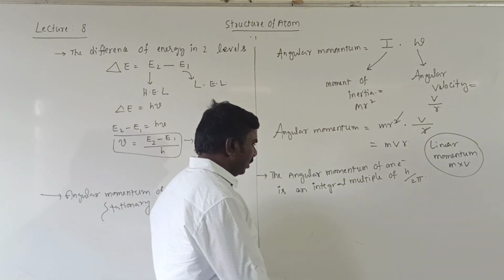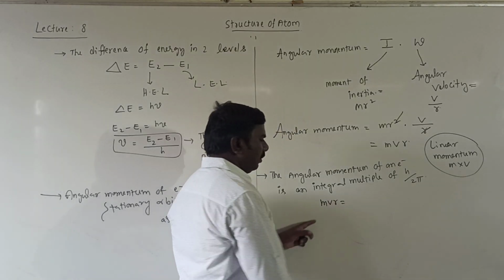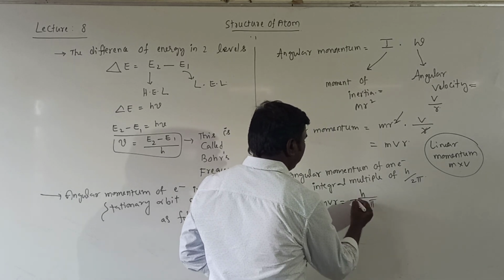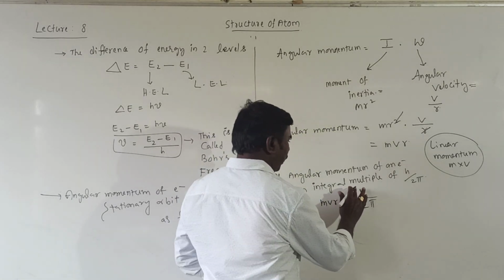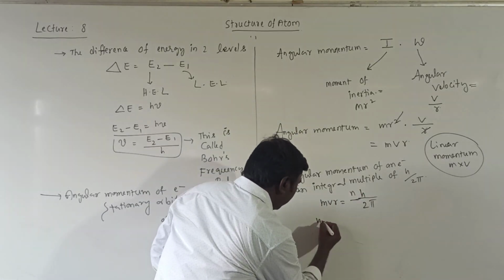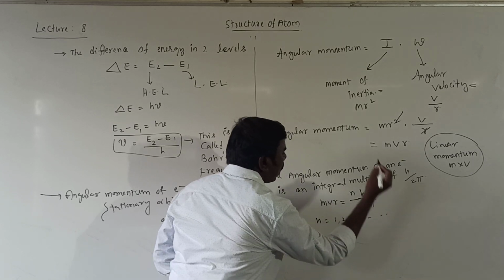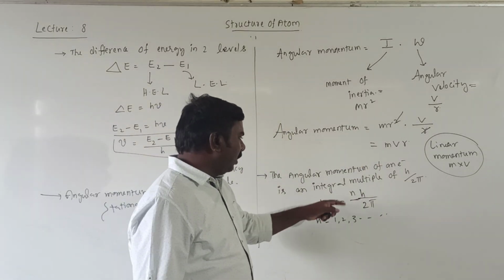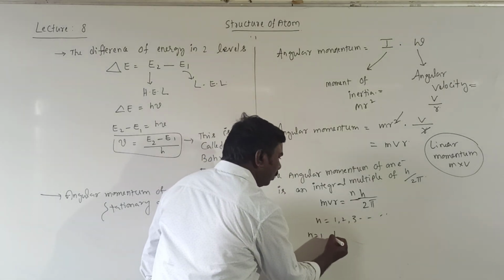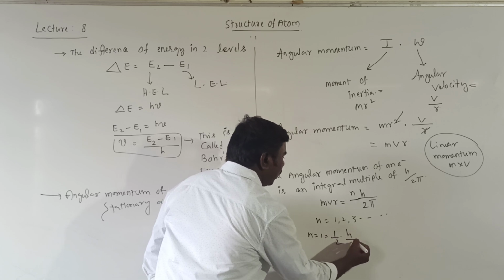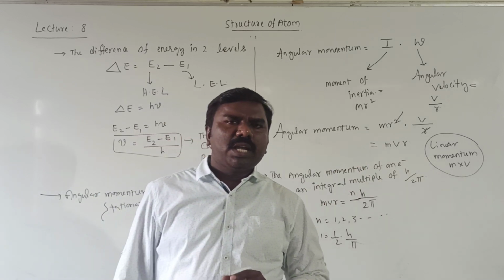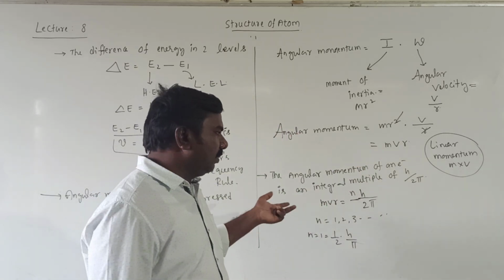Integral multiple means m v r, the angular momentum, is equal to n h by 2 pi, where n equals 1, 2, 3, and so on. If n equals 1, then 1 by 2 into h by pi. n equal to 2, 2 by 2 into h by pi. n equal to 3, 3 by 2 into h by pi.